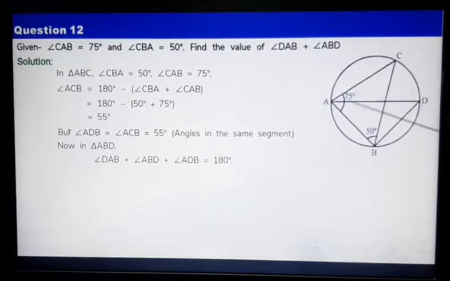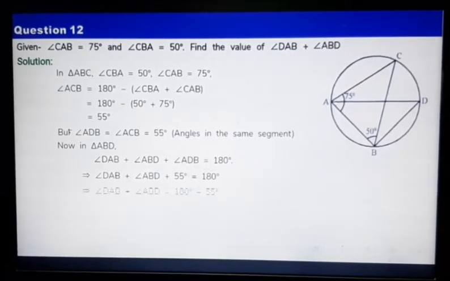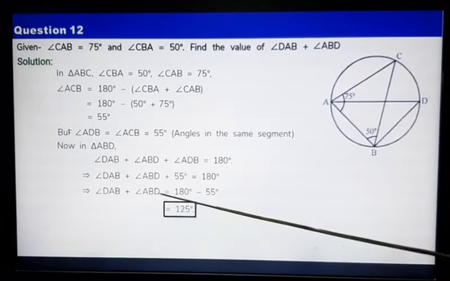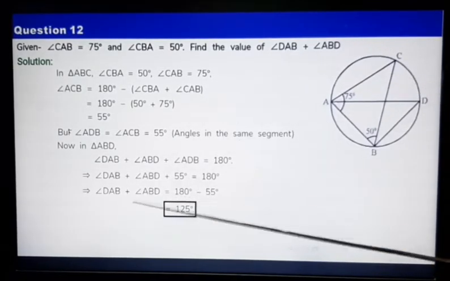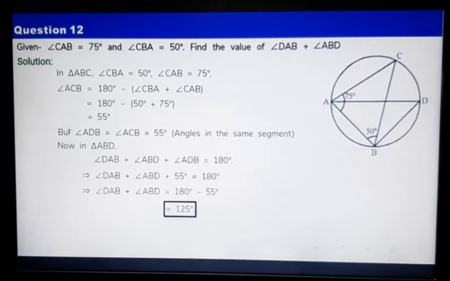In triangle ABD we know only ADB, which is 55 degrees. So this becomes 180 minus 55. Now 180 minus 55 is how much? It is 125. So we have DAB plus ABD equal to 125 degrees. So pause the video to note down.